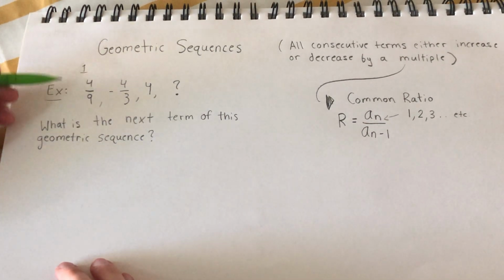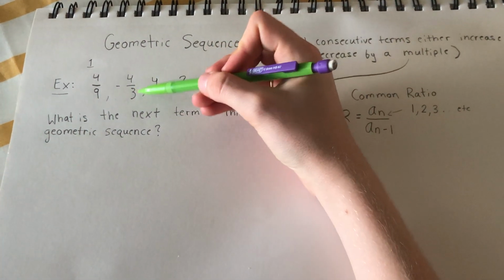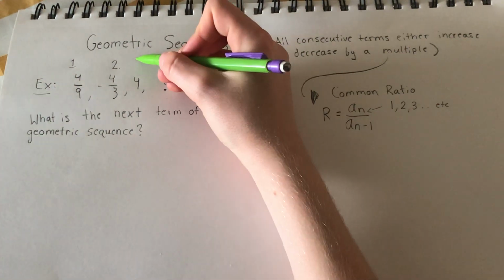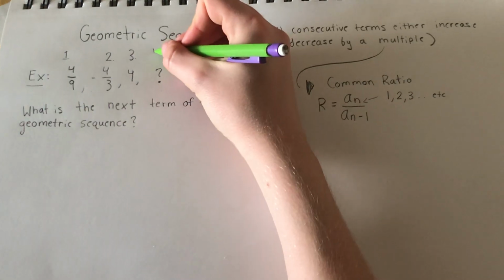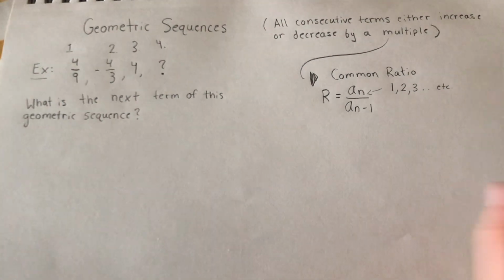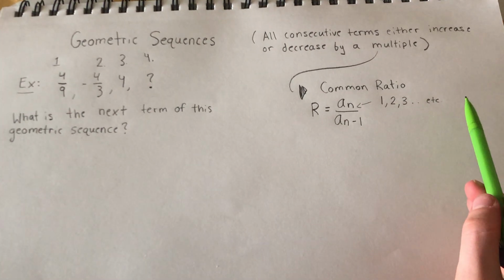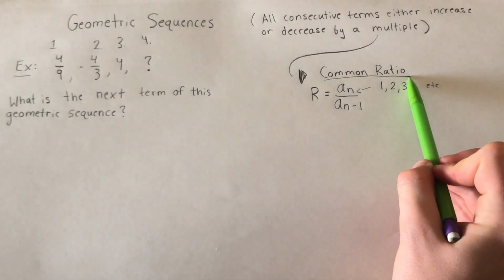So a1 would be 4 over 9. Negative 4 divided by 3 would be term number 2. This would be term number 3. And the question mark would be term number 4. So each term is either being increased or decreased by what is known as the common ratio.